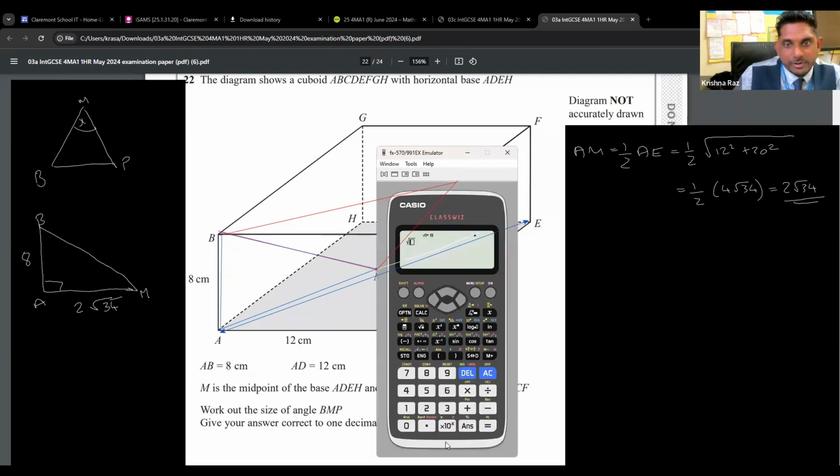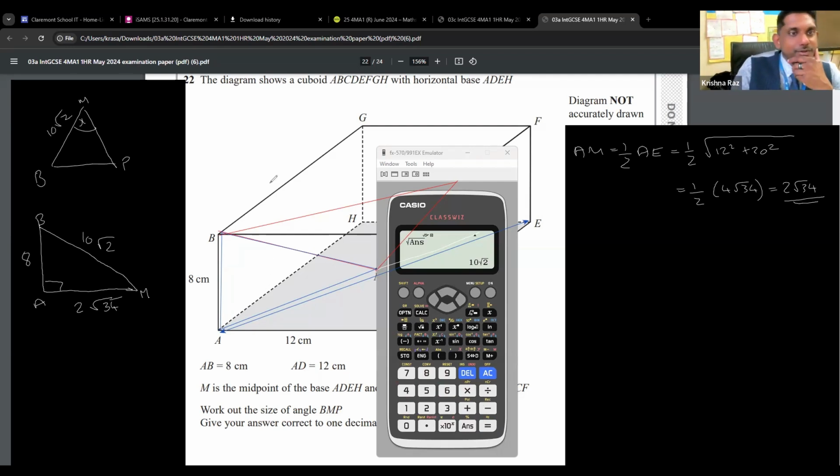So it'll be the square root of 2 root 34 squared plus 8 squared, square rooted. So we get 10 root 2. That's 10 root 2 there. So BM is 10 root 2.